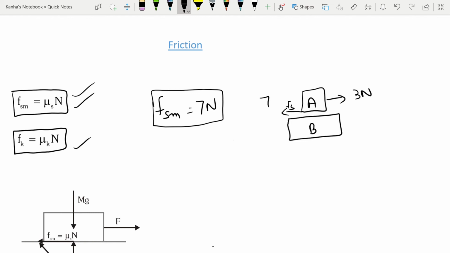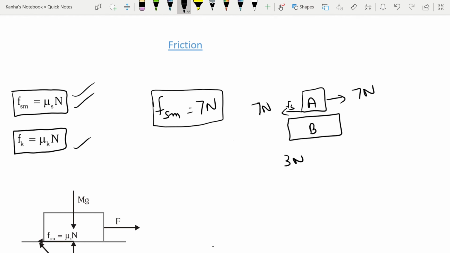It will not apply 7 Newtons, it will just apply 3 Newtons, enough to balance the force so that there is no net motion. If I apply 4 Newtons instead of 3, the frictional force will balance itself and apply 4 Newtons here. This will go on till you reach 7 Newtons. When you reach 7 Newtons, frictional force will apply its maximum value, which is 7 Newtons.